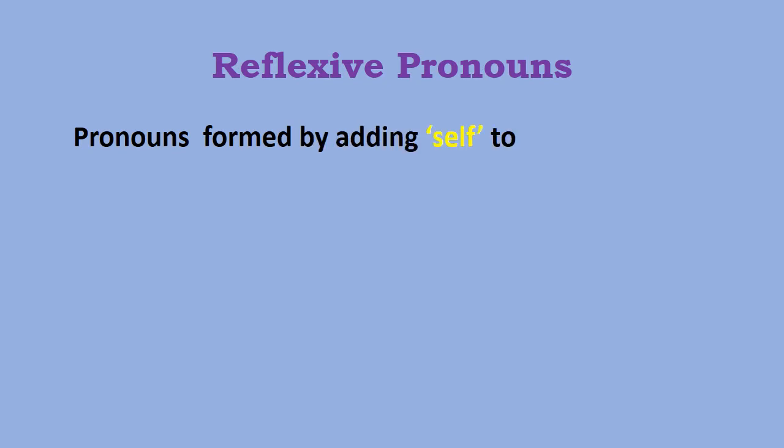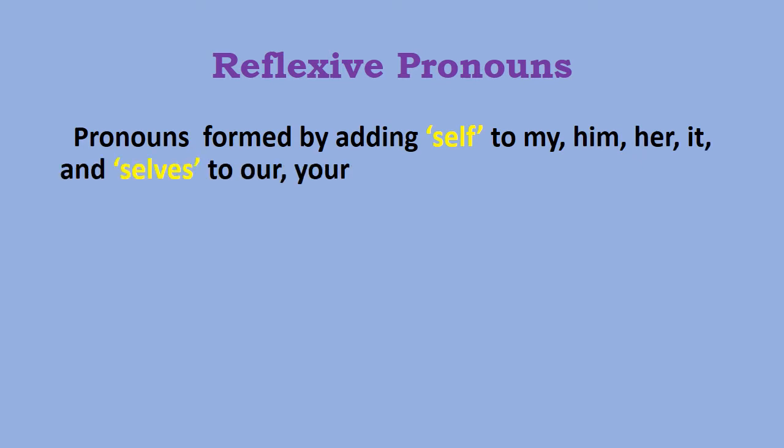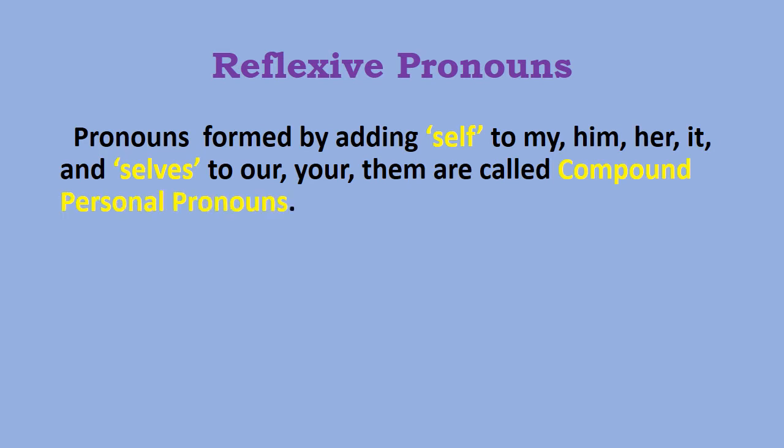The next is reflexive pronouns. But before we do reflexive pronouns, let me tell you one thing. Pronouns formed by adding self to my, him, her, it and selves to our, your and them are called compound personal pronouns. Self to the singular ones and selves to the plural ones.